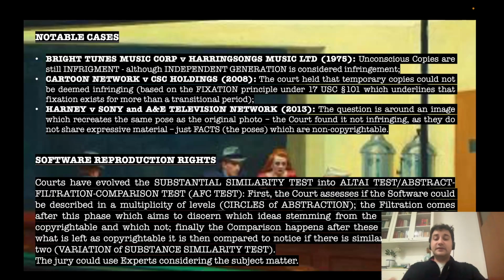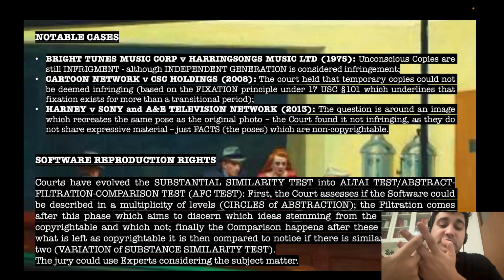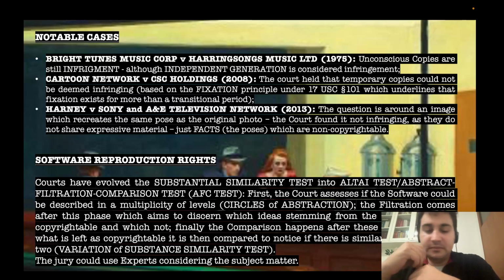In this test, the first thing the court does is assess if the software could be described in circles of abstraction, on multiple levels basically. Secondly, there is the filtration stage, in which the court aims to discern which ideas coming from those levels could be copyrightable and which couldn't.